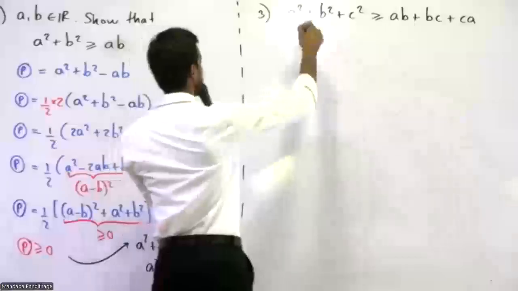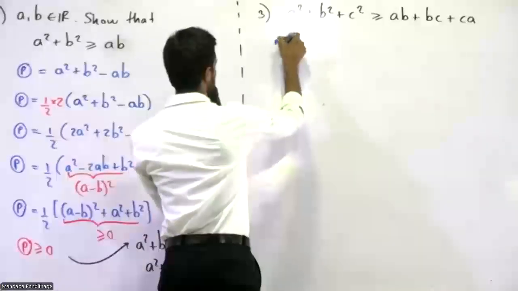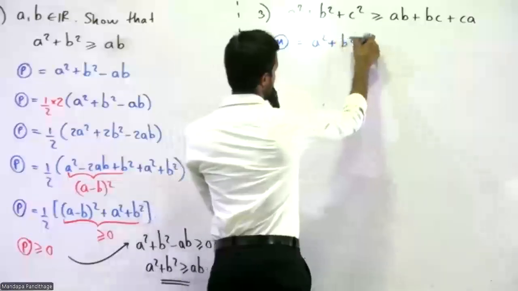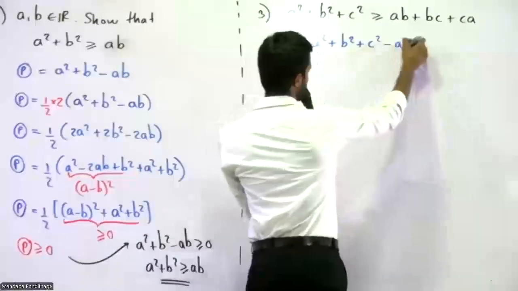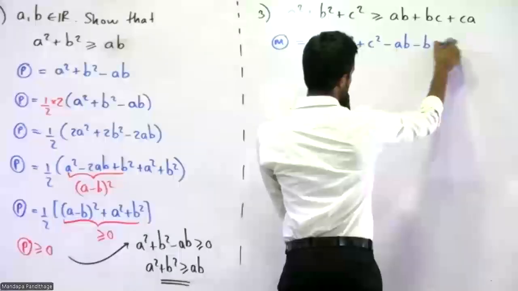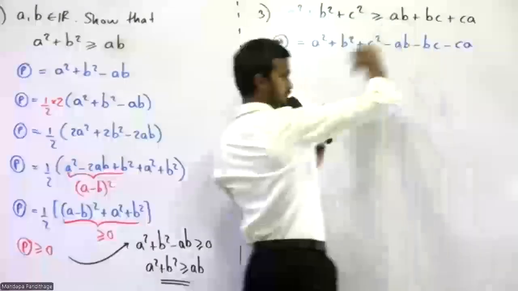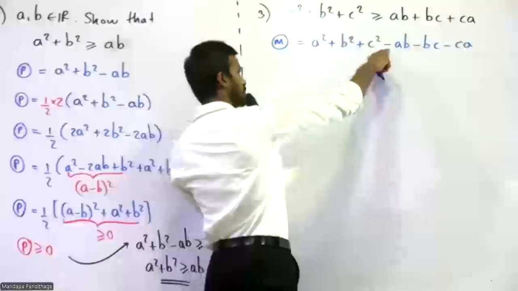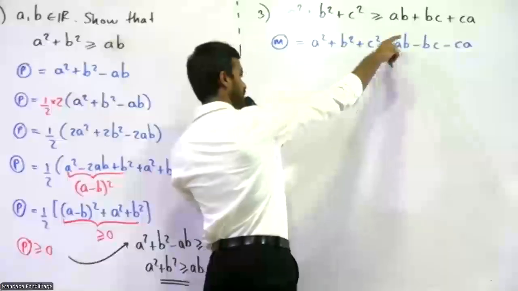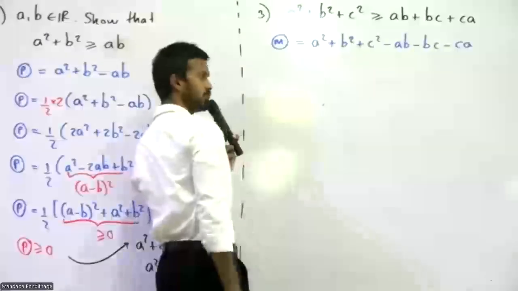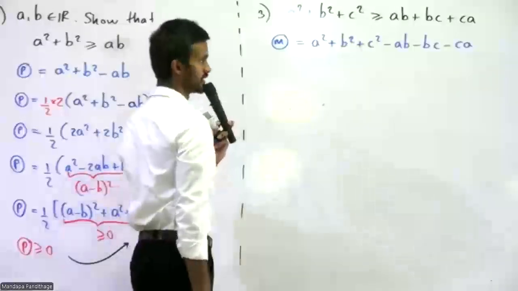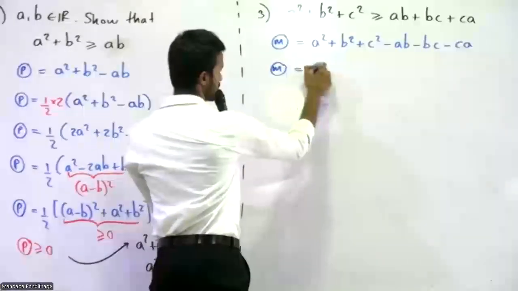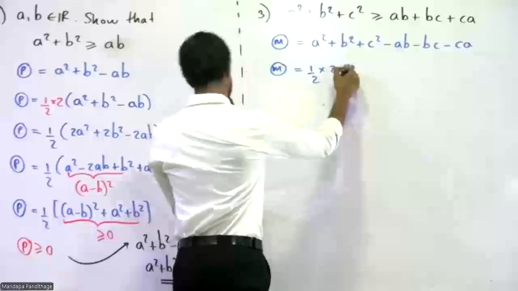Okay, so here take an expression and name it as a squared, b squared, c squared, and I got minus ab, minus bc and minus ca. Same thinking: somehow you can put this inside a square if it is in terms of 2ab, 2bc and 2ca. For that purpose, I'll multiply this entire expression by 2 and divide it by 2.